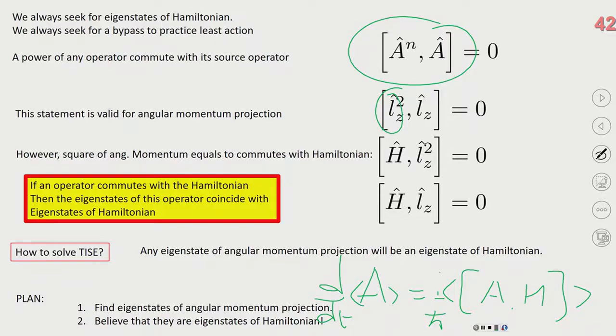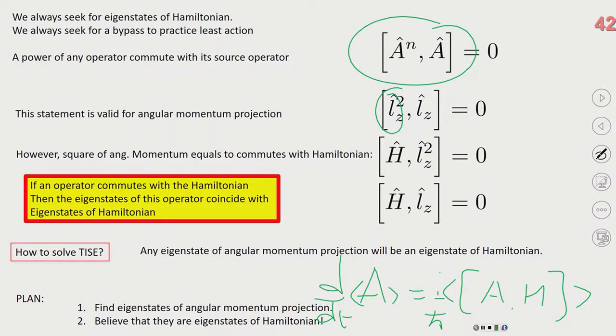So this course is a course in tricks. We never, or very rarely, solve problems directly. And one of the tricks here will be to show that Hamiltonian is proportional to LZ operator squared. An operator in power n and operator in power 1 always commute.